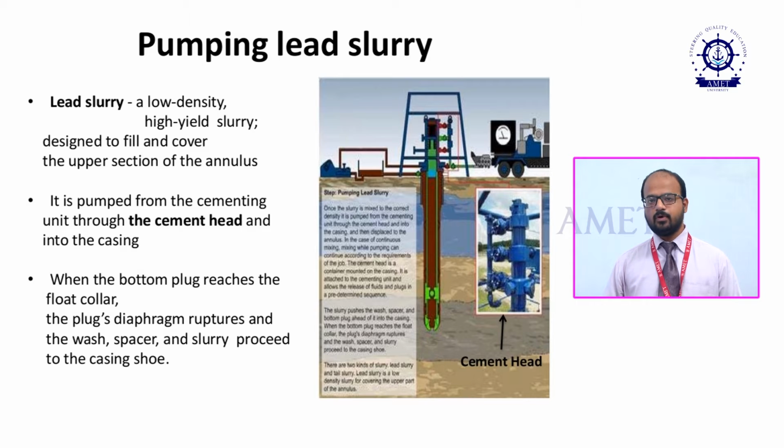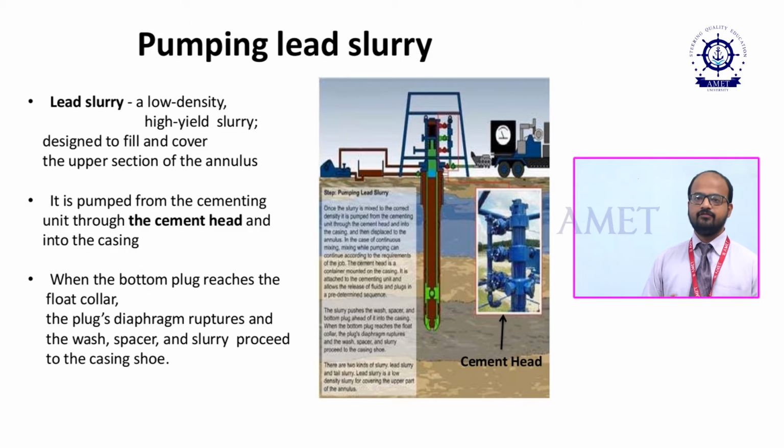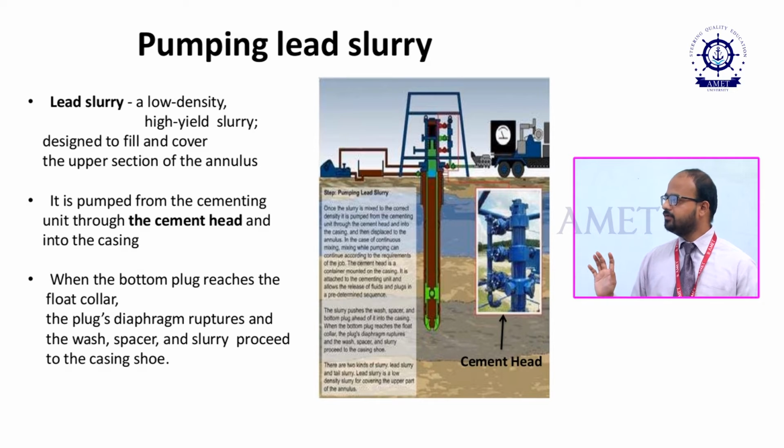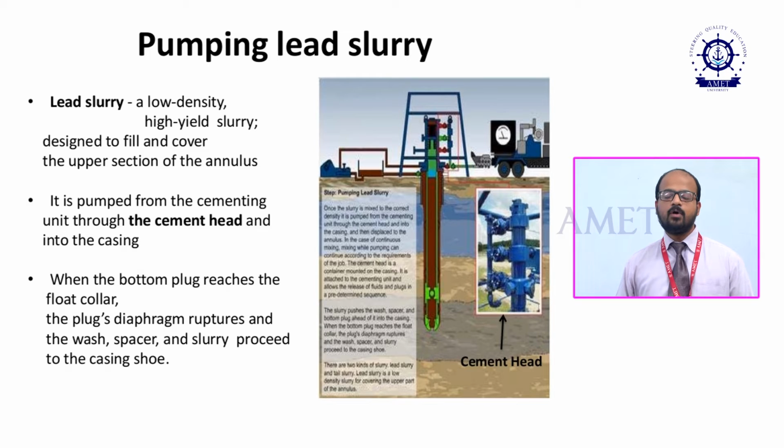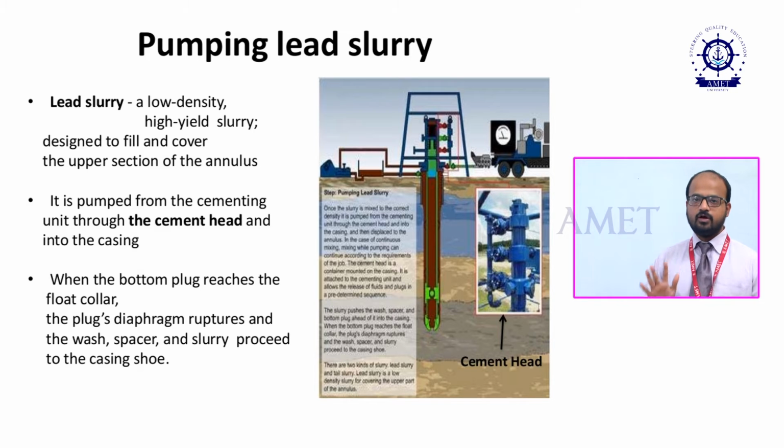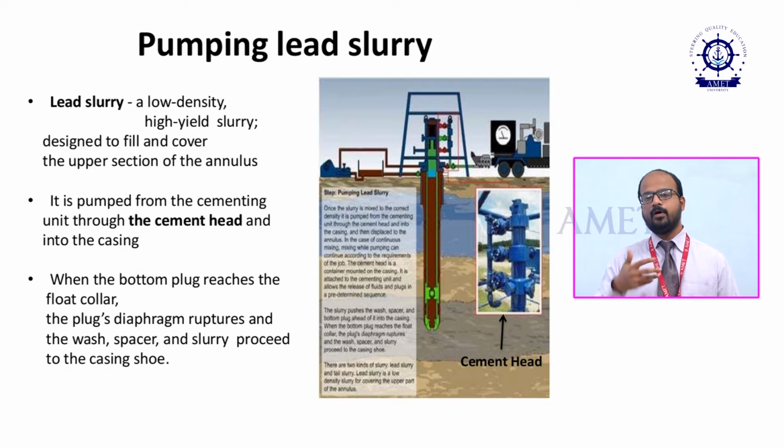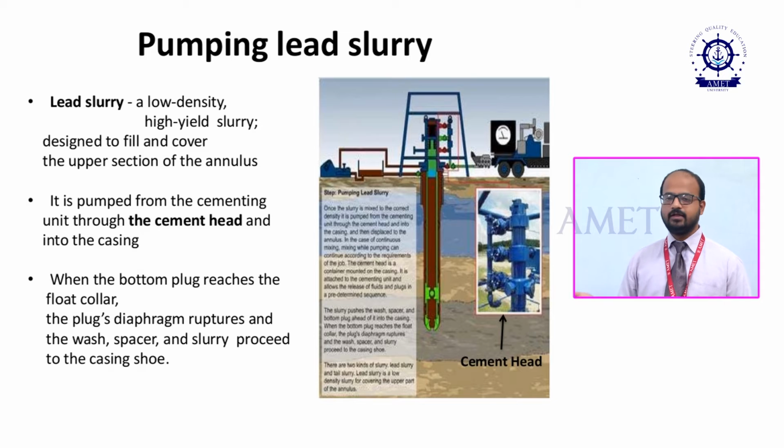The lowest part may be broken. Likewise here, the tail slurry should be pumped last, at the bottom of your well bore, and your lead slurry should come to the surface. Correct. So for that purpose, I have to pump the lead slurry first. If I pump the lead slurry, followed by the tail slurry, what happens? The lead slurry automatically comes to the surface and the tail slurry will start to settle at the bottom.